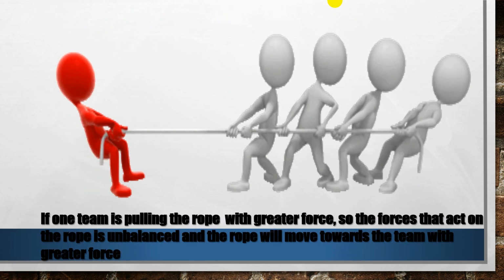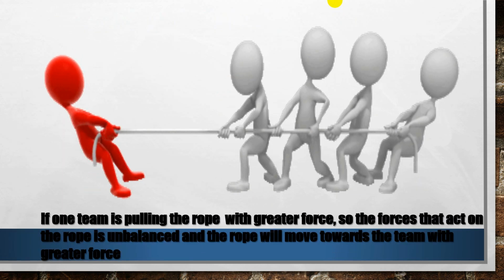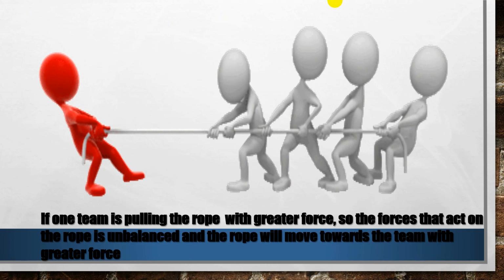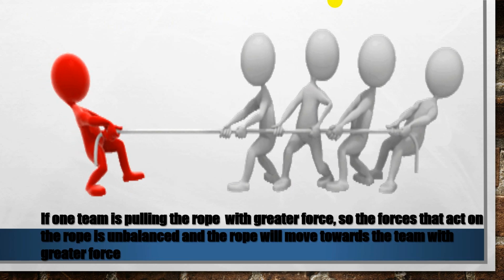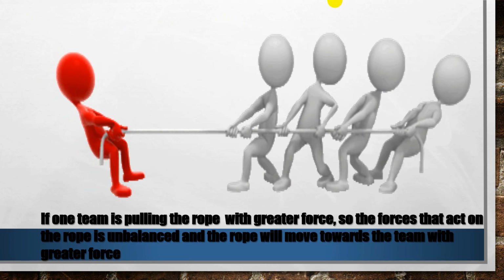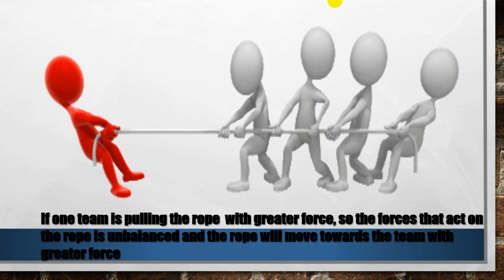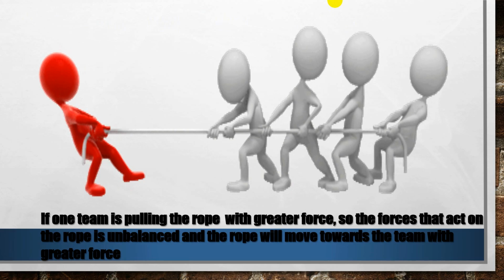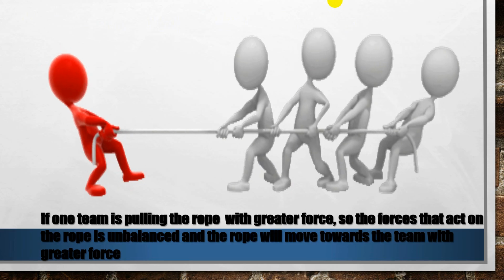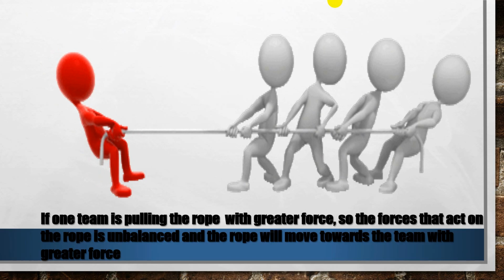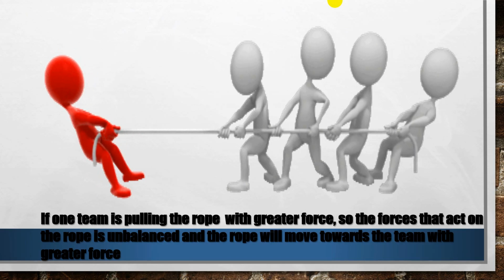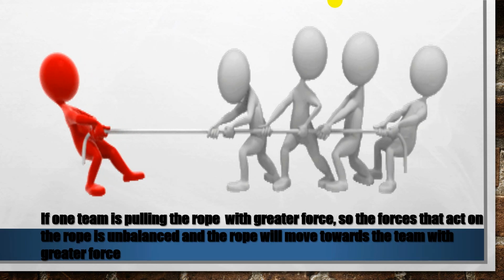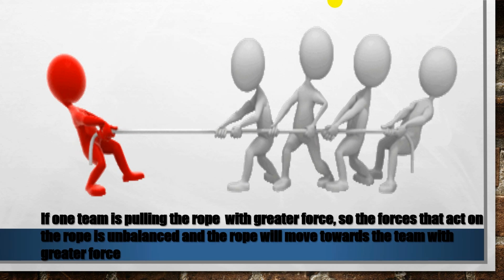If one team is pulling the rope with greater force, the forces that act on the rope are unbalanced, and the rope will move toward the team with the greater force. So as we can see here in this picture, we have a team that consists of 4 members, and the other team consists of only 1 member.